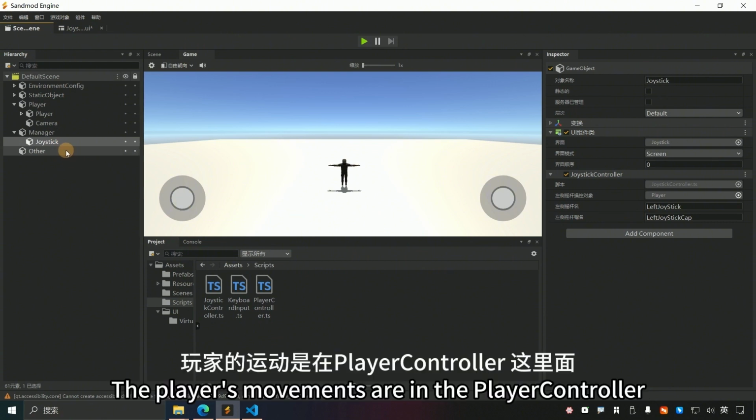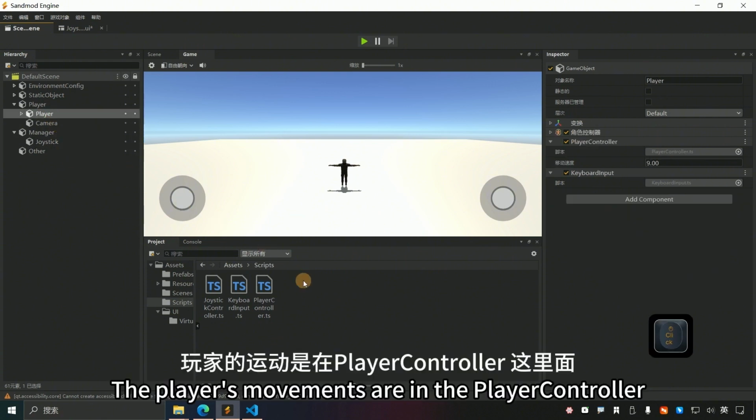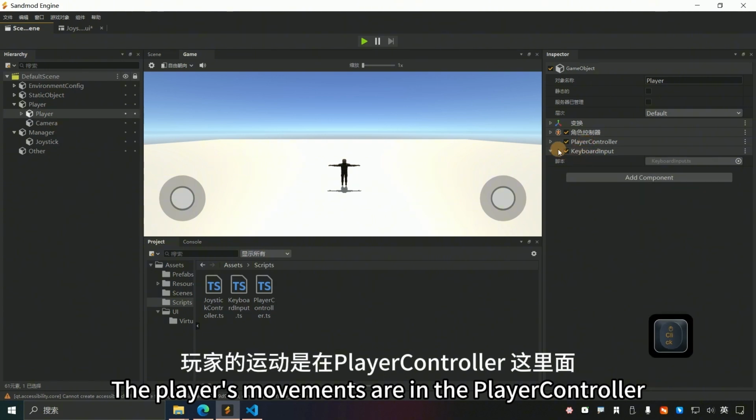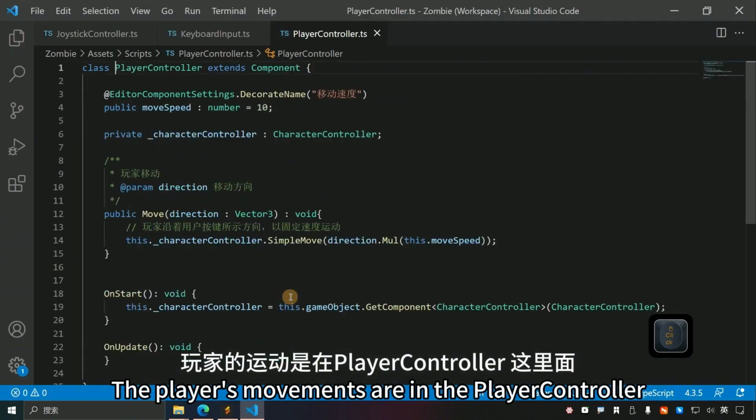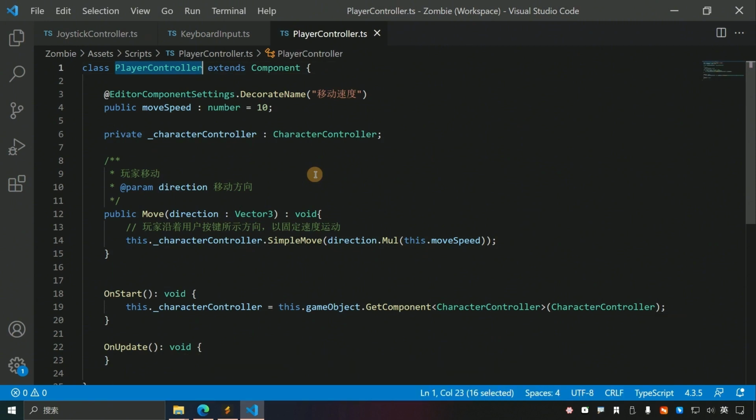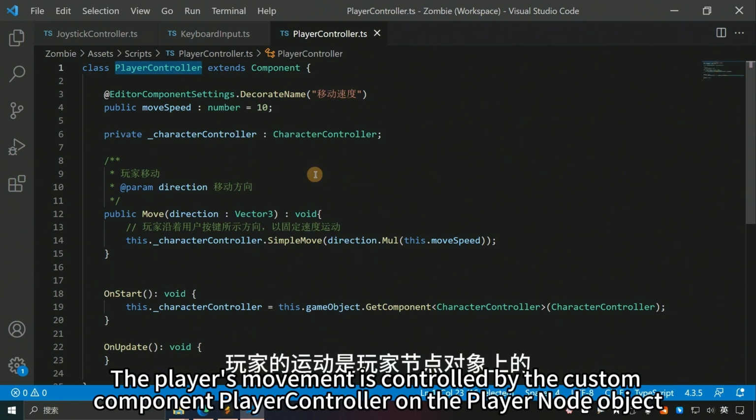The player's movements are in the player controller. The player's movement is controlled by the custom component player controller on the player node object.